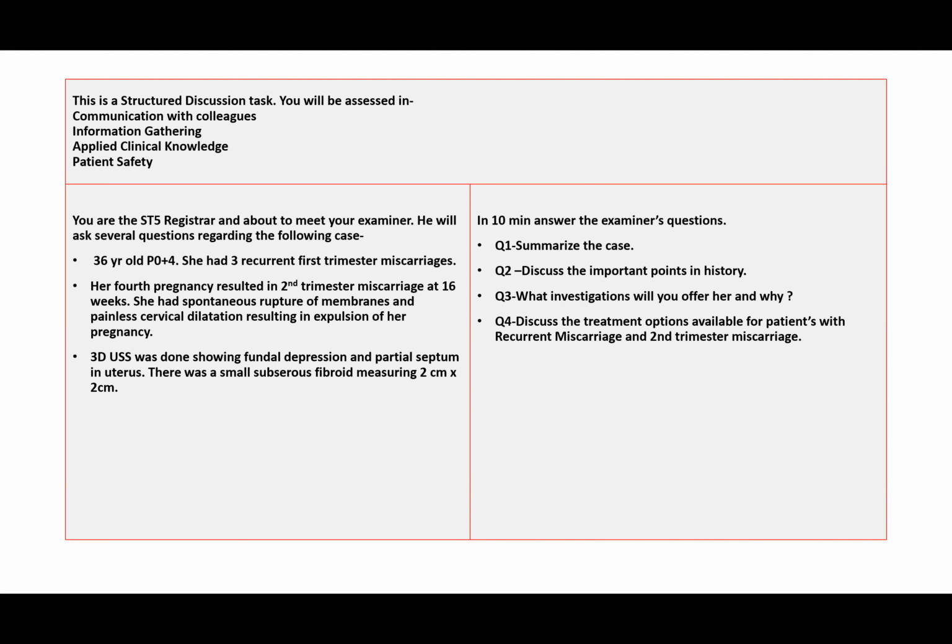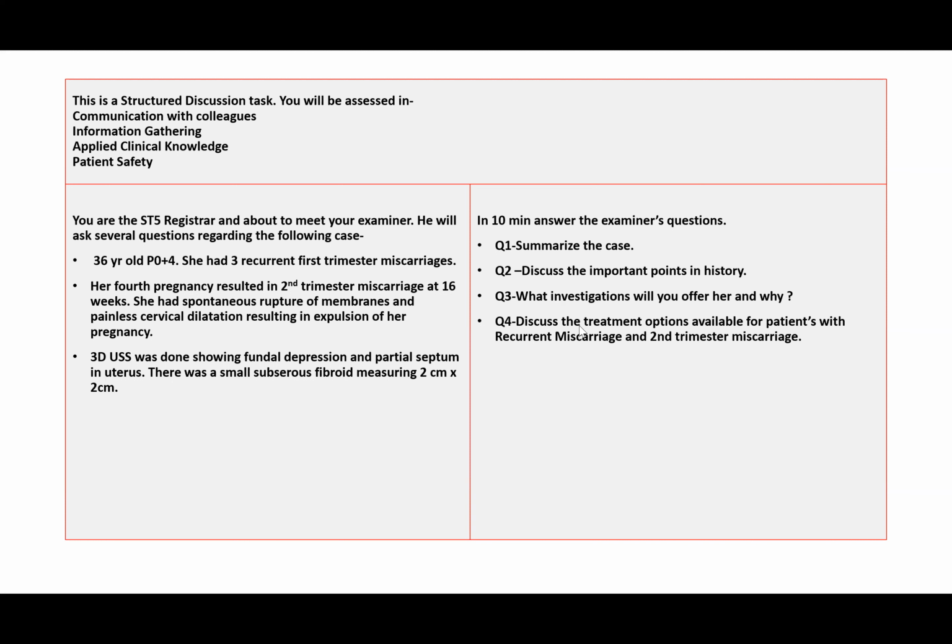Anyway, that will come in the management part. And since ultrasound showed the partial septum, we need to confirm this finding by other imaging, like hysteroscopy, you told, laparoscopy, and if needed, we can go for MRI. So you covered nearly all the investigations.